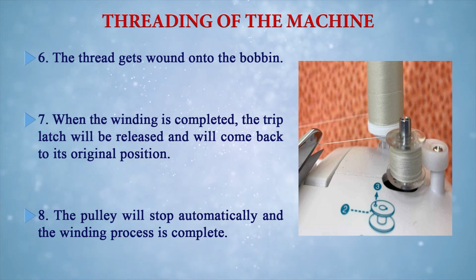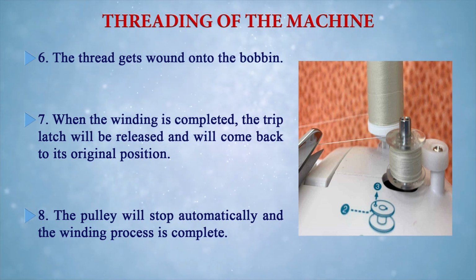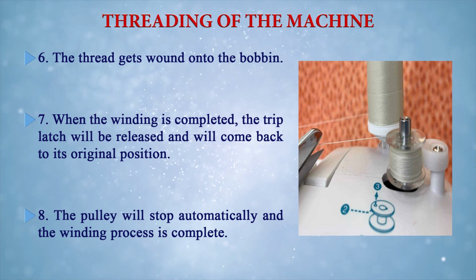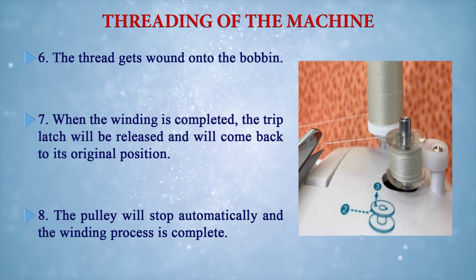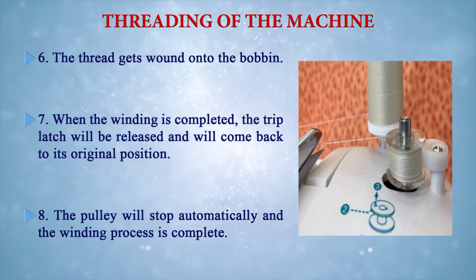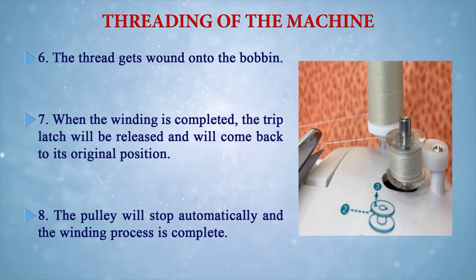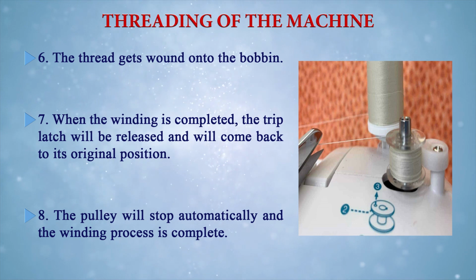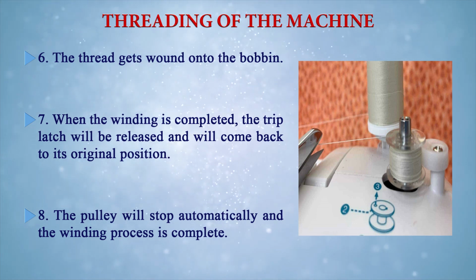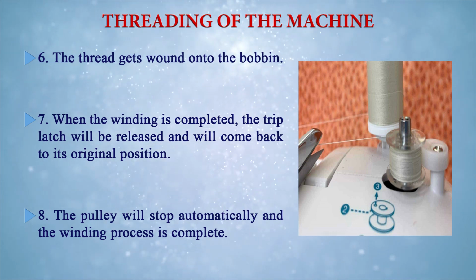So in the picture you can see on your machine there is a point where your spool pin is. Close to that there is one stand, or we say a bobbin winder. On that we put the bobbin on which we have to wind our thread.